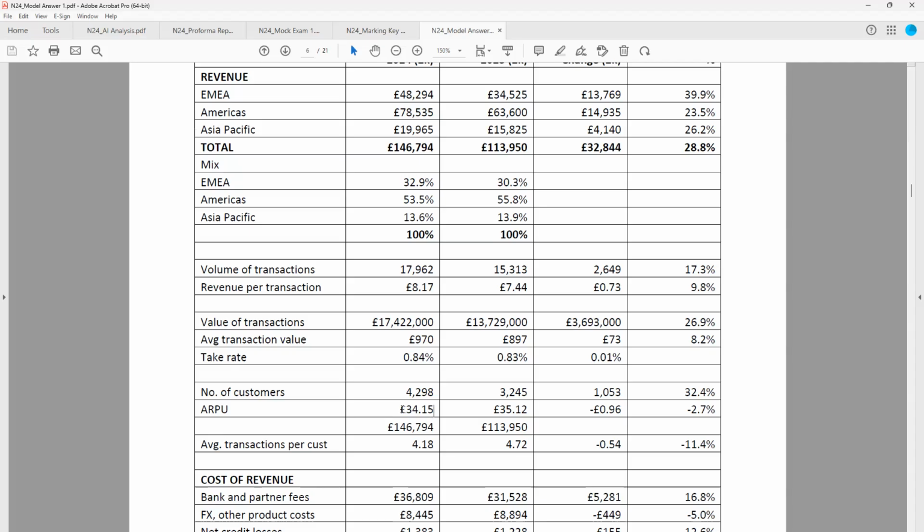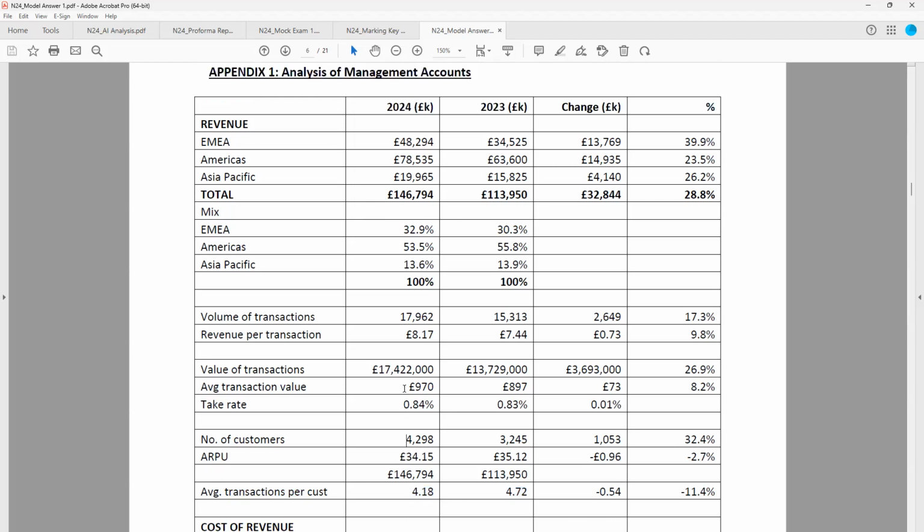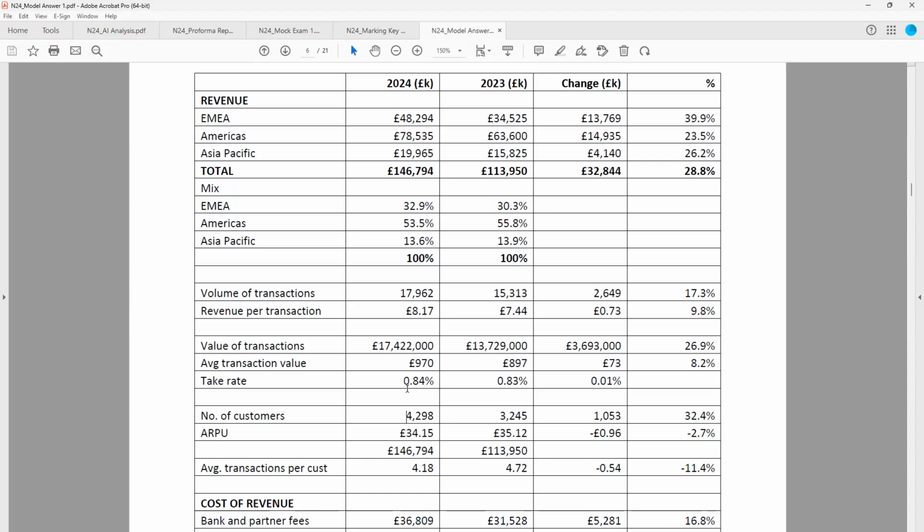So you can see that's why average revenue per user is going down. And what can be quite useful to look at is average transactions per customer. If you've got the number of transactions and the number of customers, then we can see actually the average transactions per customer is declining, on average.